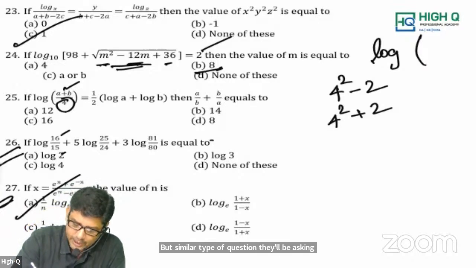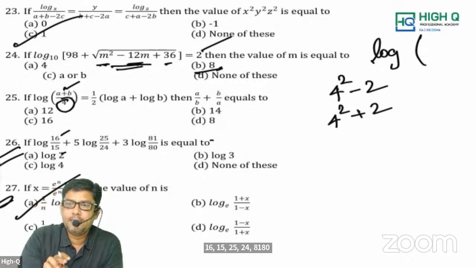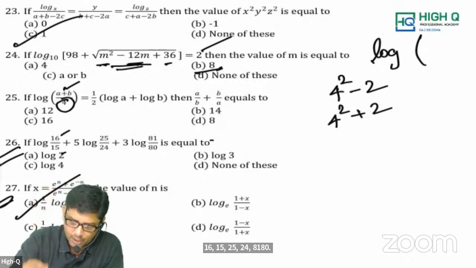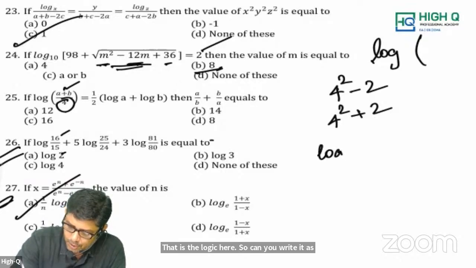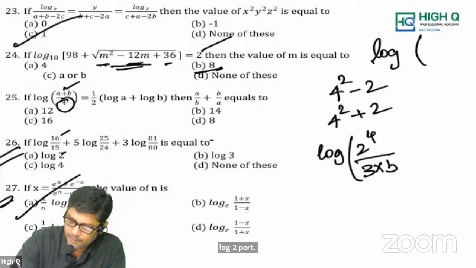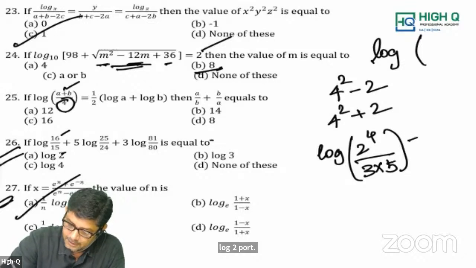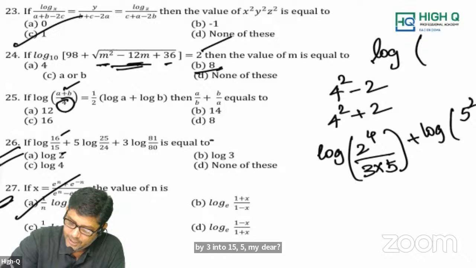16, 15, 25, 24, 81, 80. All the numbers are in terms of 2, 3 and 5. That is the logic here. So can you write it as log of 2 power 4 by 3 into 5, my dear, plus log of 5 square divided by 3 into 2 cube, whole power 5, plus log of 3 power 4 divided by 2 power 4 into 5, whole power 3.